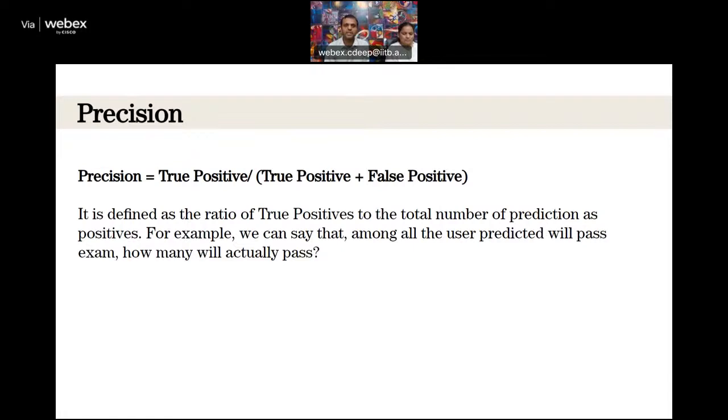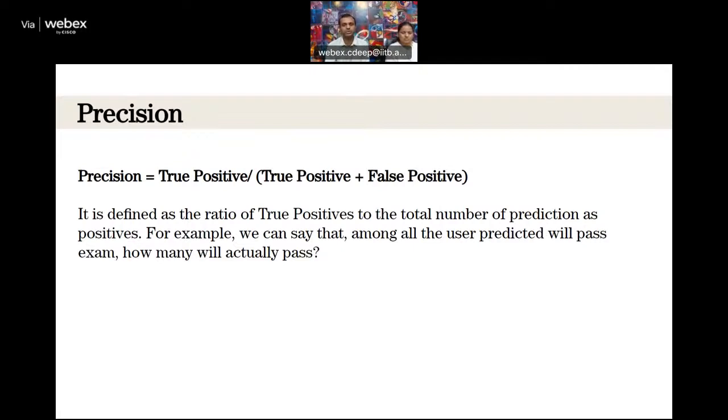To summarize, precision is true positives over true positives plus false positives. For example, out of 100 students, I predict 76 students will get more than 80% marks in the exam, but actually only 60 students get more than 80 marks.